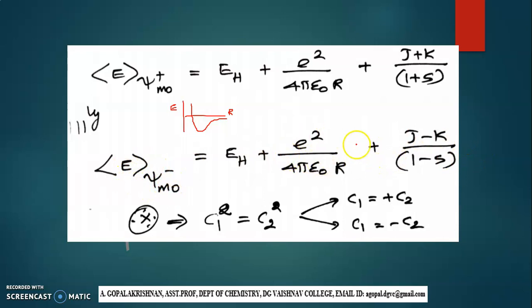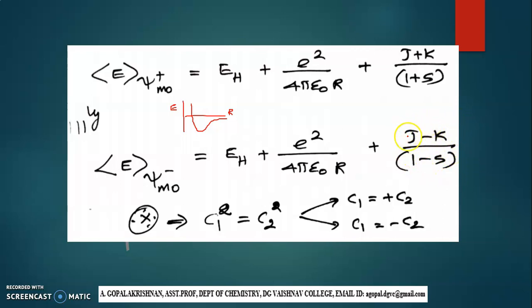As per this expression, K is negative, and negative and negative become positive. If you compare the magnitudes of J and K for any given internuclear distance R, the magnitude of K is always larger. Therefore J minus K will be positive.